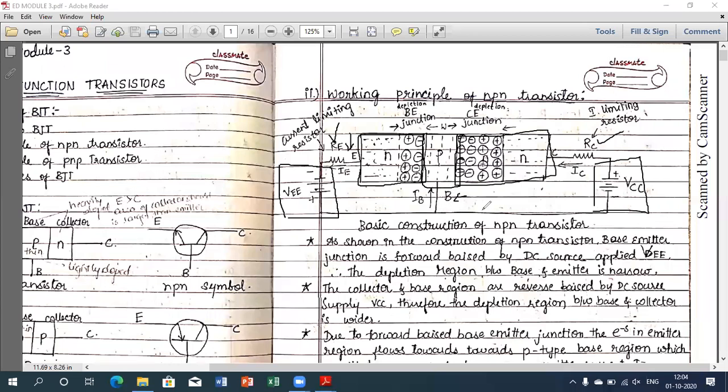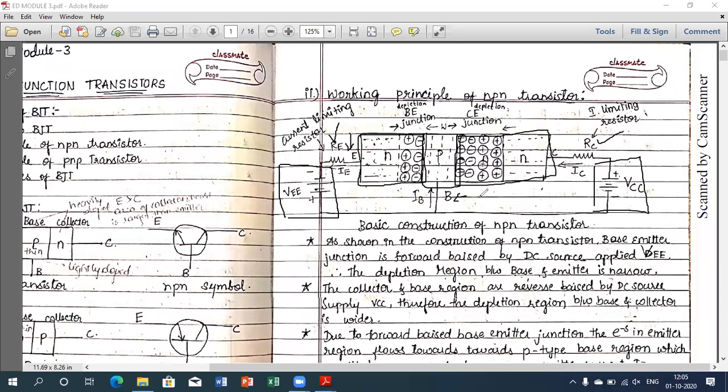This connection I call reverse biased, because positive is connected to the N type and negative to the P type. So the collector to base junction is reverse biased.